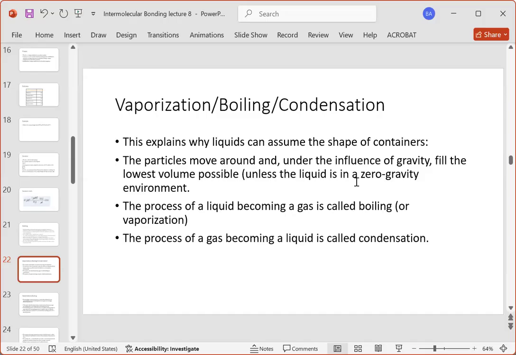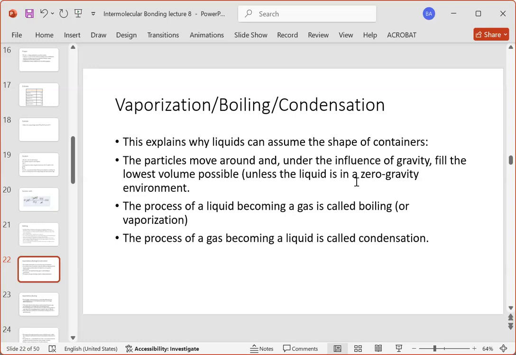The process of a liquid becoming a gas is called boiling. Now we move from the solid phase to a liquid phase, and from a liquid phase to a gas phase. So the process of a liquid becoming a gas is called boiling or vaporization. Let's take water, for example.